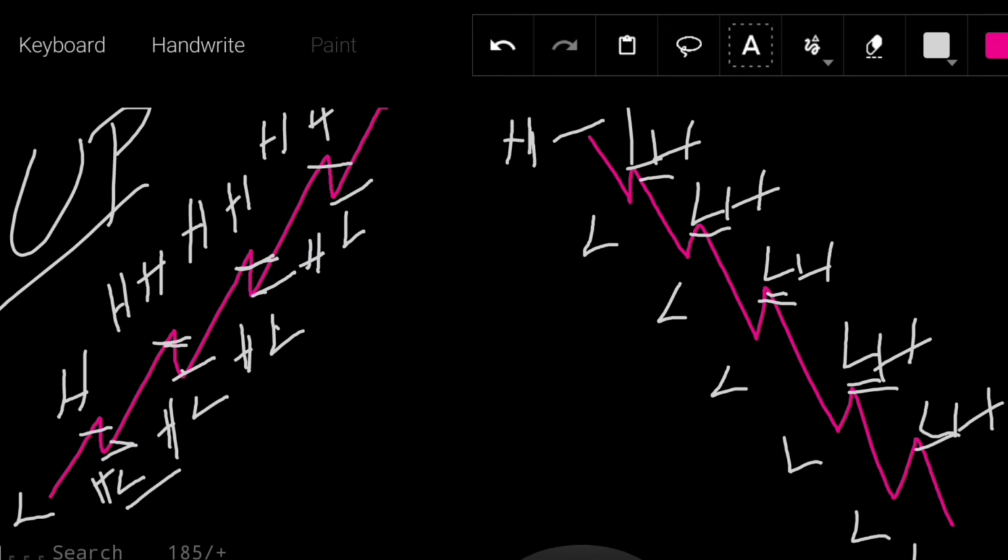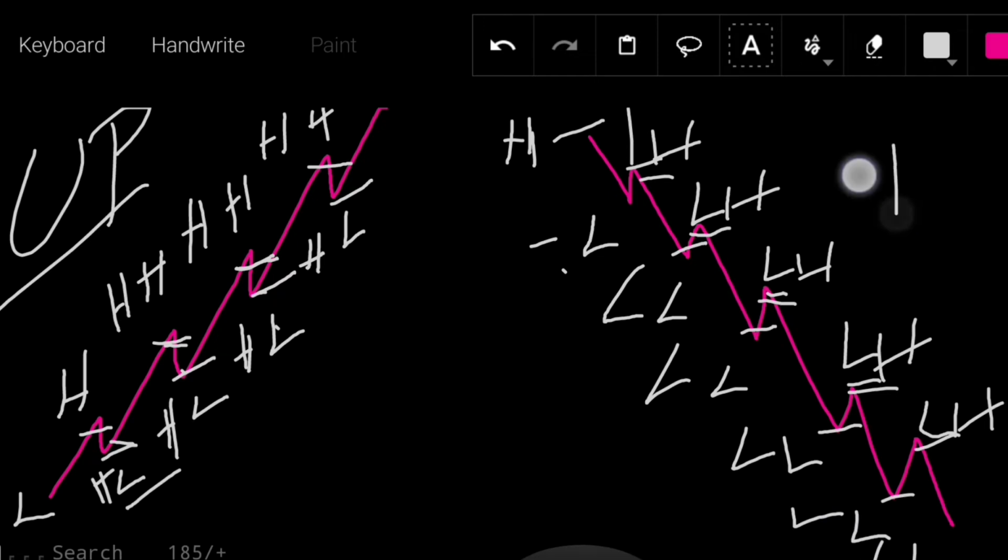Now this is the first low, so we'll leave this and start with the second one. This low is lower than this low, so we'll mark it as lower low, and this low is lower than this one, so we'll mark this as lower low. Similarly for this and this. So all these lows are lower than the previous ones.